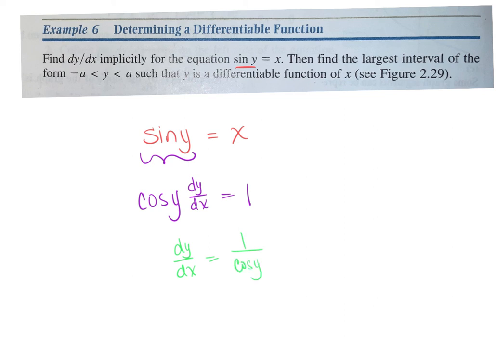So dy dx actually equals 1 over the cosine of y. I could probably simplify that even. What's 1 over cosine? Secant. It's secant, right? So it's the secant of y. All right, secant of y. They actually want to know where that is differentiable. And so you have to think about where is the secant undefined. The secant's undefined anytime the denominator, anytime your cosine is 0, right?